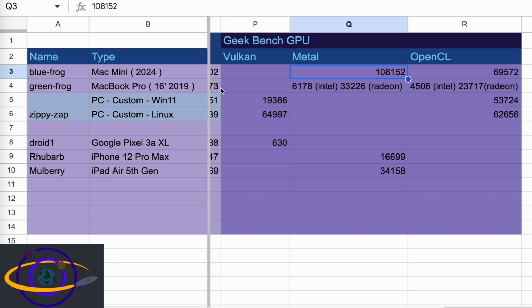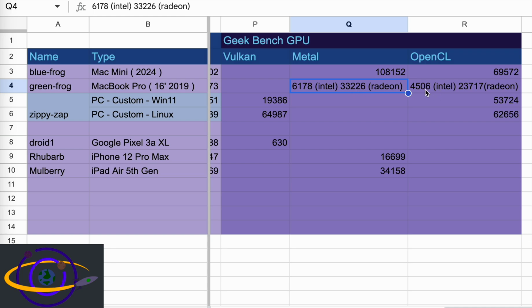Now I'm going to talk a little bit about this MacBook Pro. You see here with the Intel, it's only 6,000, way lower than any of these other results, except the mobile results, which we'll talk about in a bit. It's not even close to comparable with any of the other desktop systems. But once you start comparing the Radeon GPU, you have 33,000 on Metal, which is what it's more optimized for.